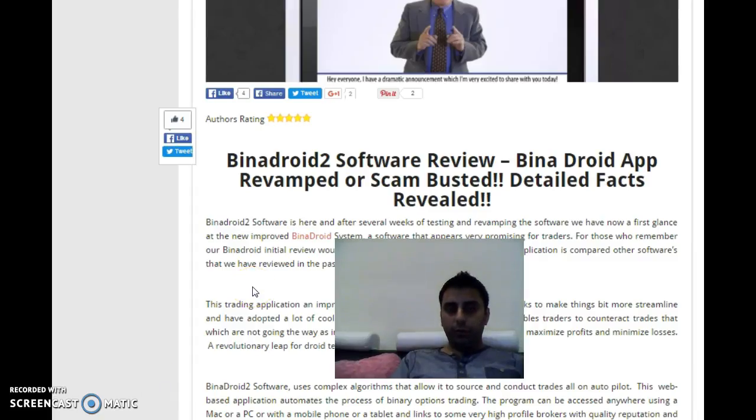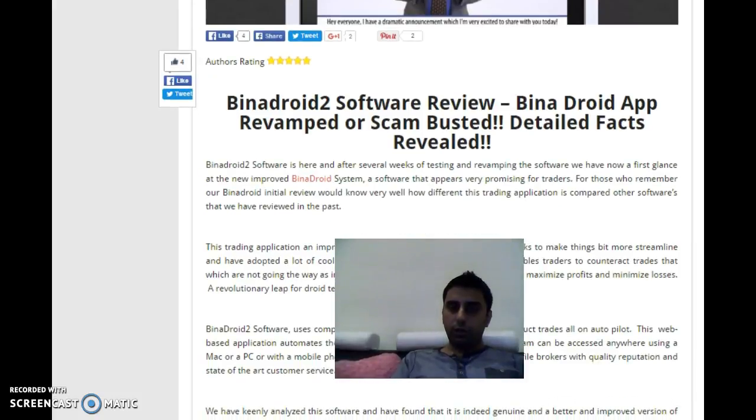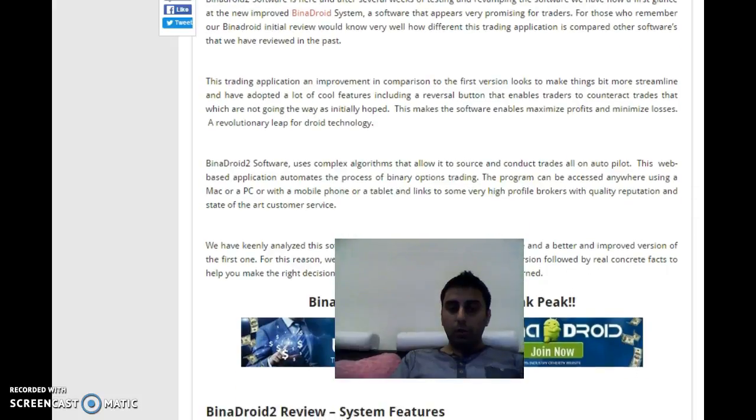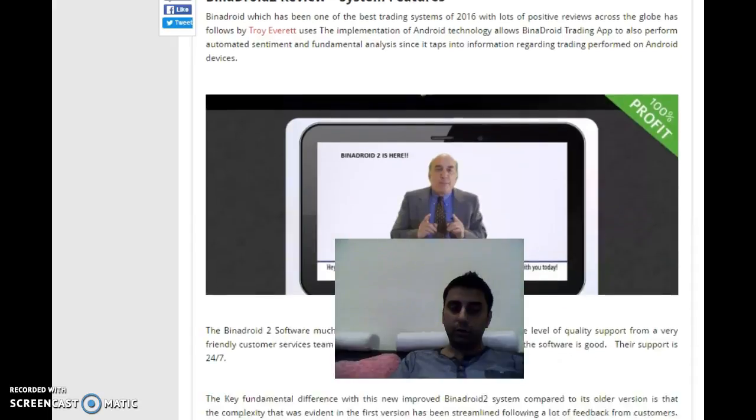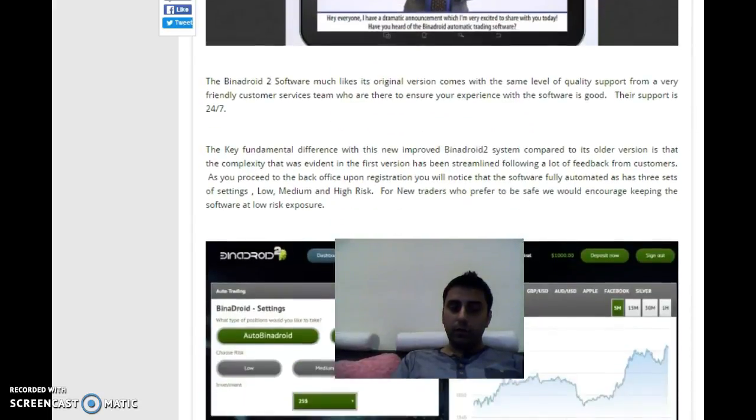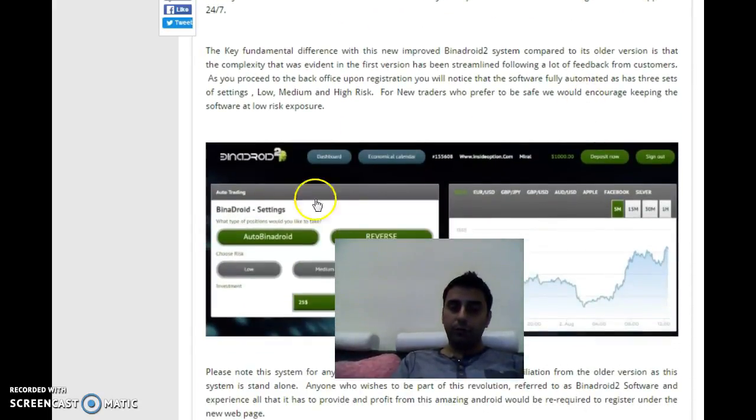Looking at the review that we've conducted, we've gone through the Binadroid software review in detail, trying to compare it to the first version and how this software is an improvement on the first one. One of the key fundamentals that we identified is the reverse function, which was not evident in the first version.